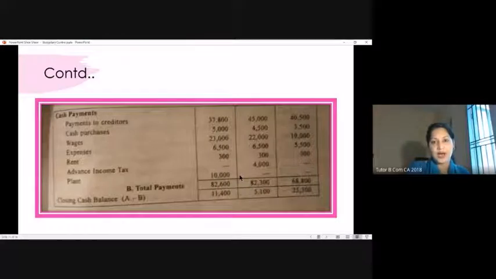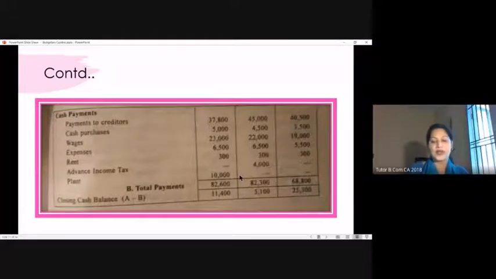So there is a 1 month lag for the payment to creditors for our purchases. April's payment will happen in May, and May's payment will happen in June. That's how it has to be done as per the question given to us.